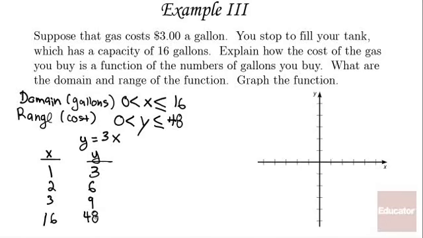So if I say that, I have 1, 2, 3, 4, and on, and then on the y-axis I could have 3, 6, 9, 12, $15.